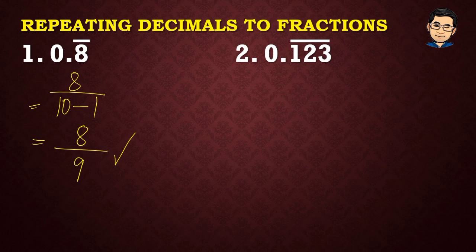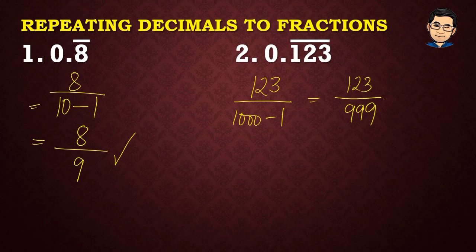Next, 0.123 repeating. Okay, so ganun pa rin naman. 123 over 1,000 minus 1. So, 1,000 minus 1, that is 999. As you can see, may number na divisible ang 123 tsaka 999, and that is 3.